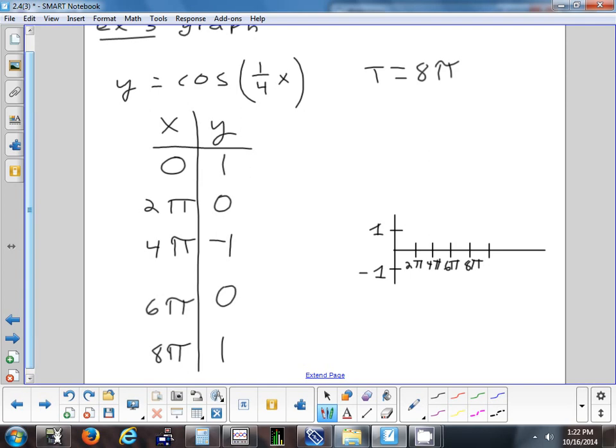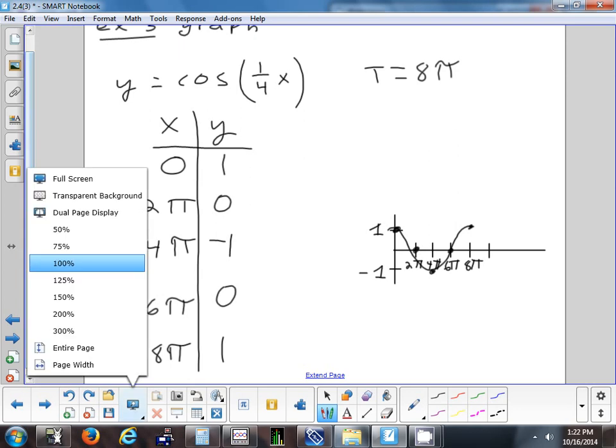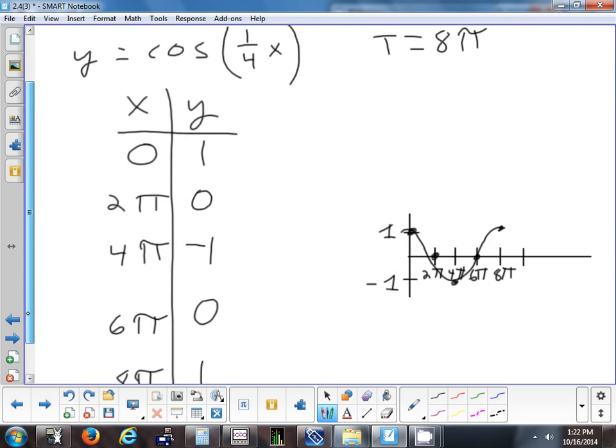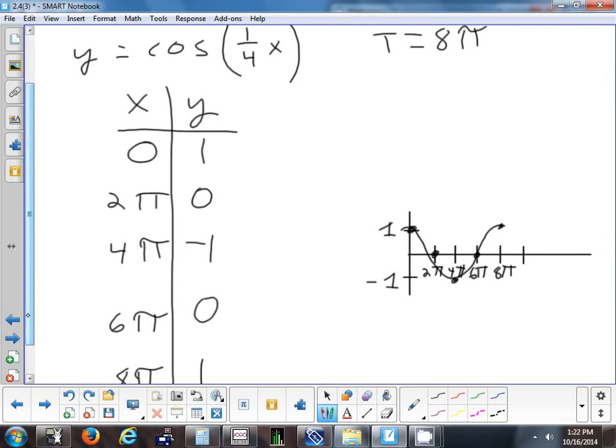All right, so make your graph. 0, 1, 0, -1, 0, back to 1. Any questions on how I got the graph there?